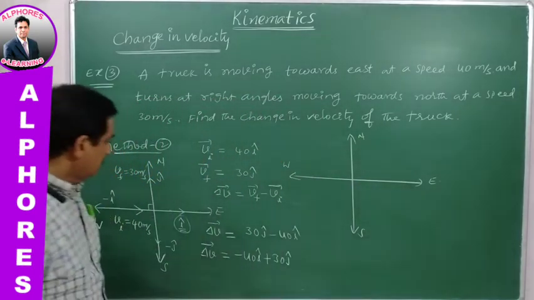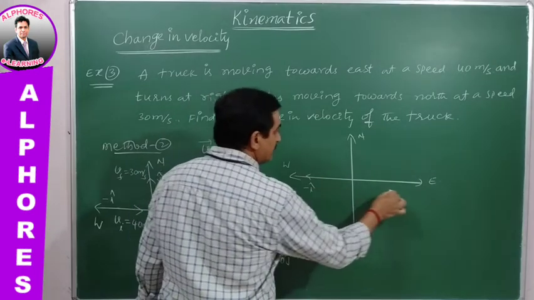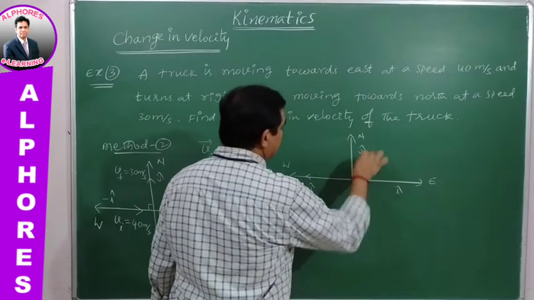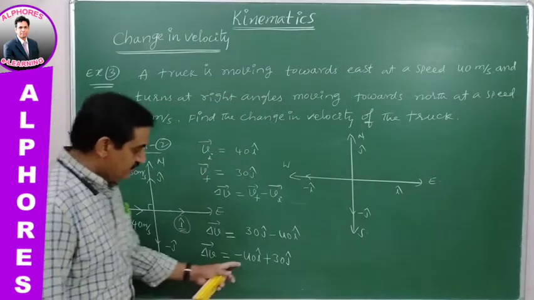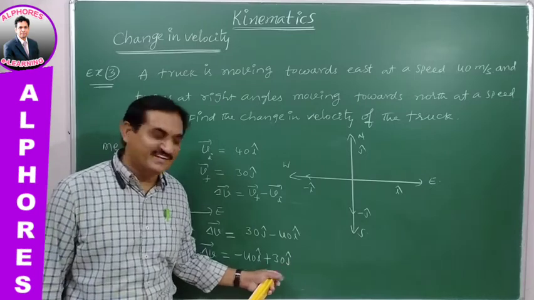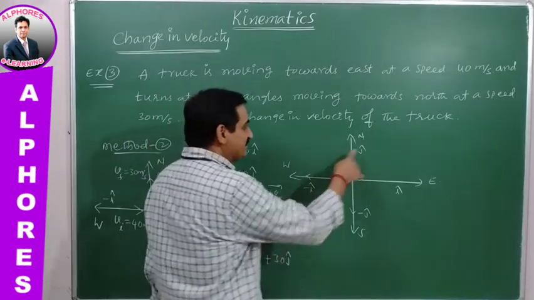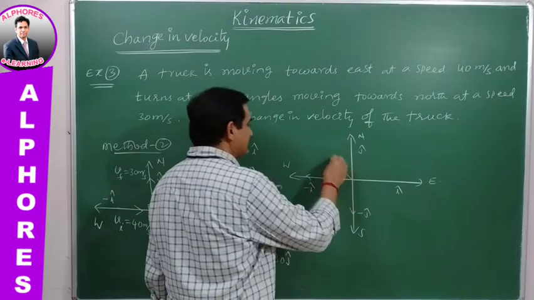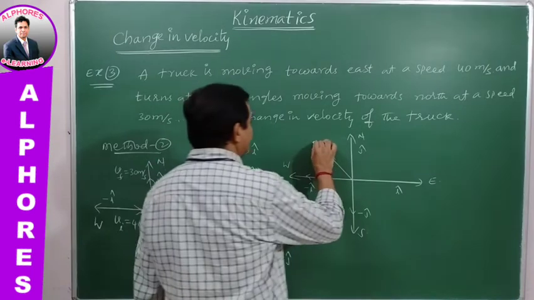This is minus i, j, minus j. I is negative, j is positive. It is in the second quadrant. This is the change in velocity.